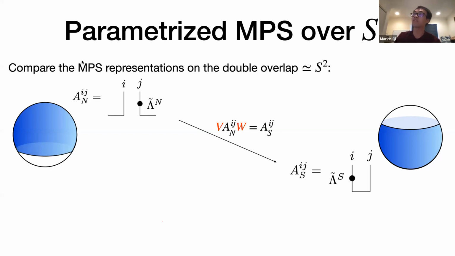You could also imagine a different parameterized family where the bond dimension everywhere is the same. In that case, these V and Ws are essentially like gauge transformations for the matrix product state, and those situations would capture torsion invariance in the H3.